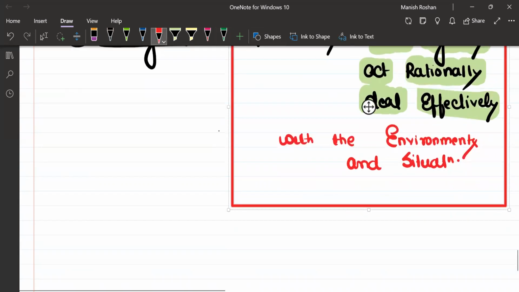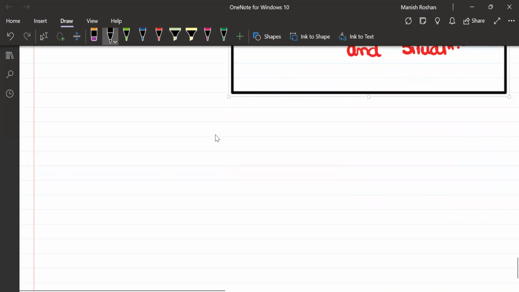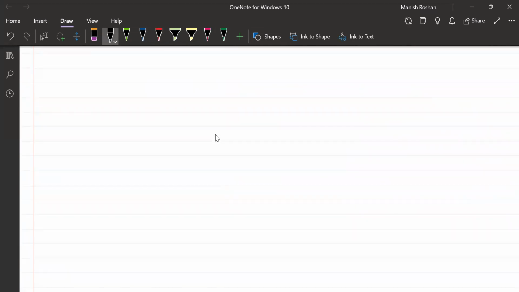Okay. Now, how to do the intelligence testing? So here the testing includes three components. The first is the general fund of knowledge.